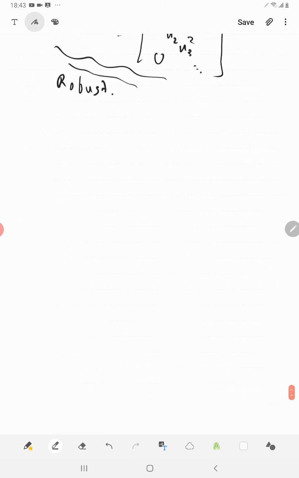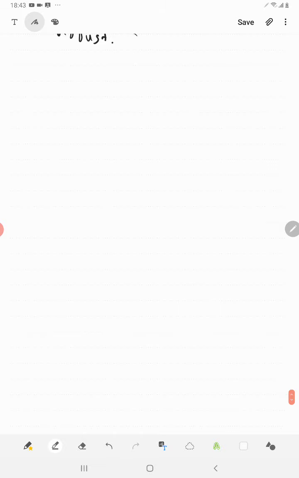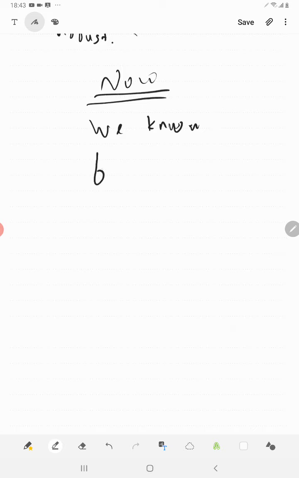Now, from that, we know how to calculate B, which is X transpose times X, inverse, times X transpose times Y, okay?